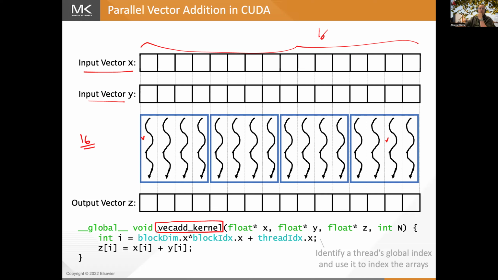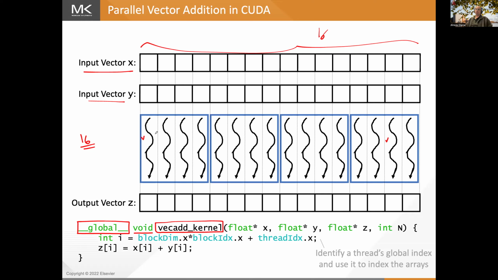And a kernel should return void, basically should return nothing. And we annotated this function using the __global__ keyword. So now the CUDA compiler knows that this function is not a typical C function, but it's a kernel that should be executed on the GPU threads.